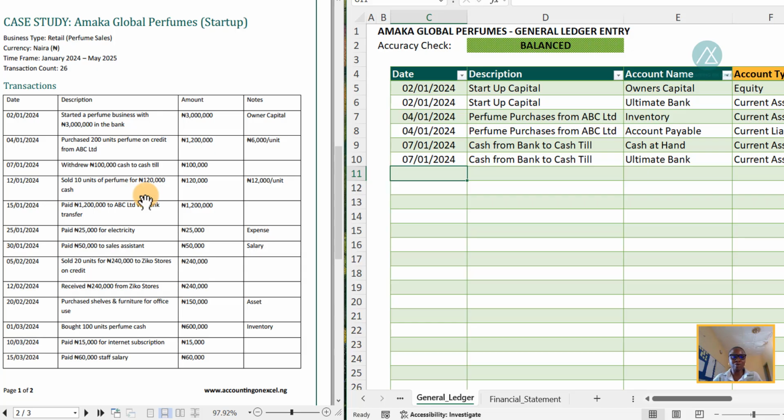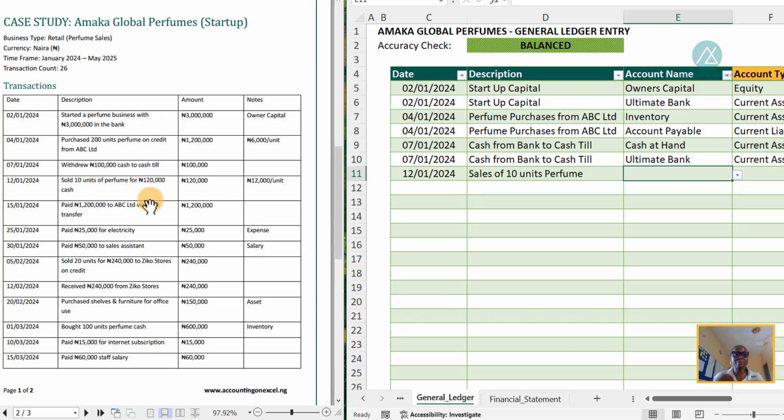Out of that 200, we are selling at 12,000 per unit, while we purchased at 6,000 per unit. So on the 12th of January 2024, right, we made sales of 10 units of perfume, right?